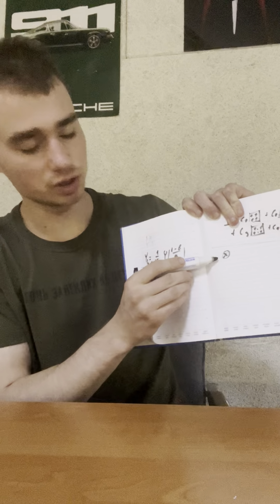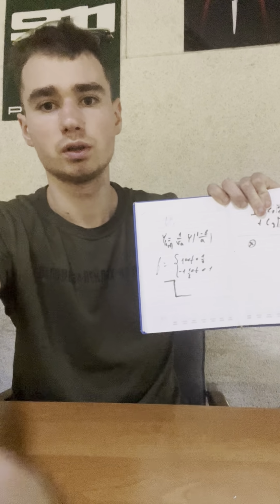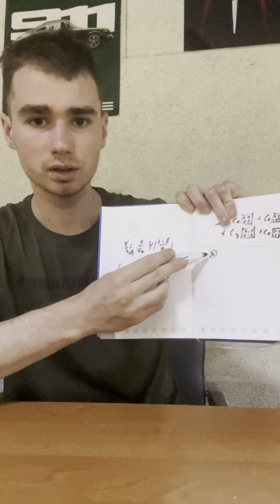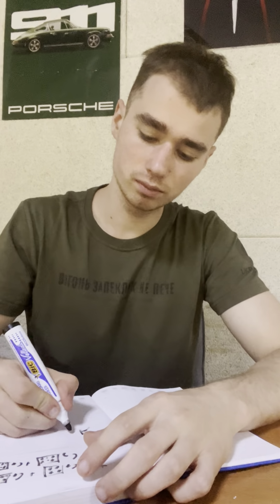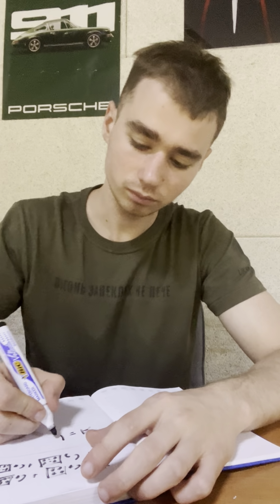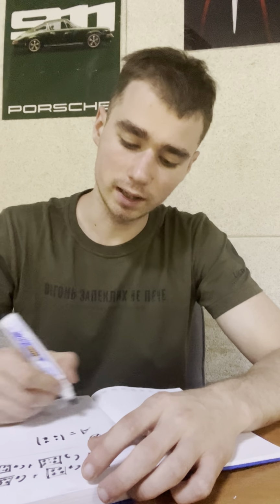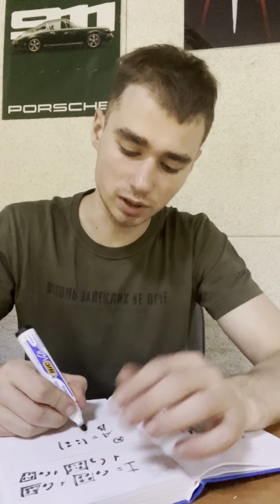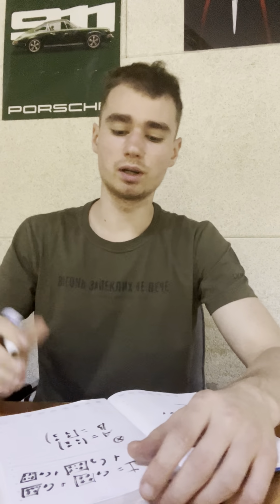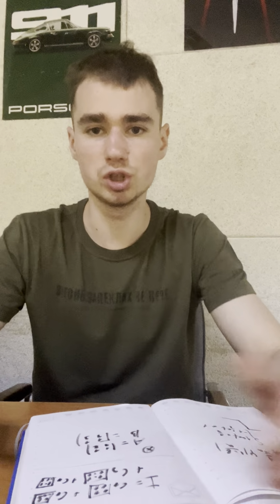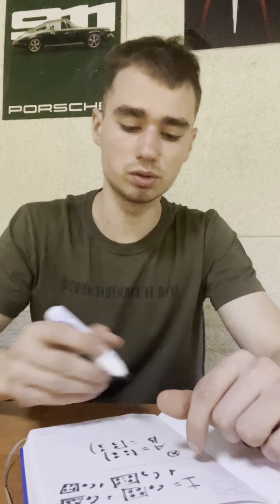Kronecker product is shown by this sign. And how it works: we have matrix A, for example, with two vectors 1, 2 and 1, 2, and matrix B, for example, 1, 3 and 1, 3. And what would this Kronecker product give us?